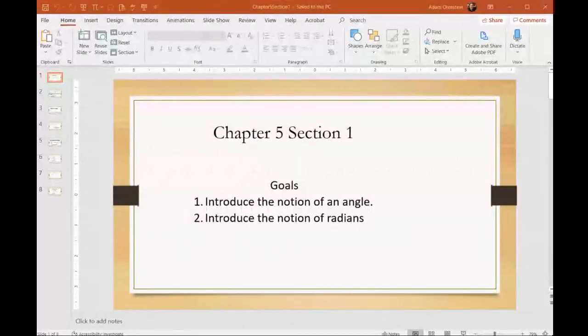What I'm going to cover is section 5.1, which is angles and radians. That's a unit of measurement for angles that's used a lot when you get to calculus. What I'm also going to cover is SOHCAHTOA, which is the next section.